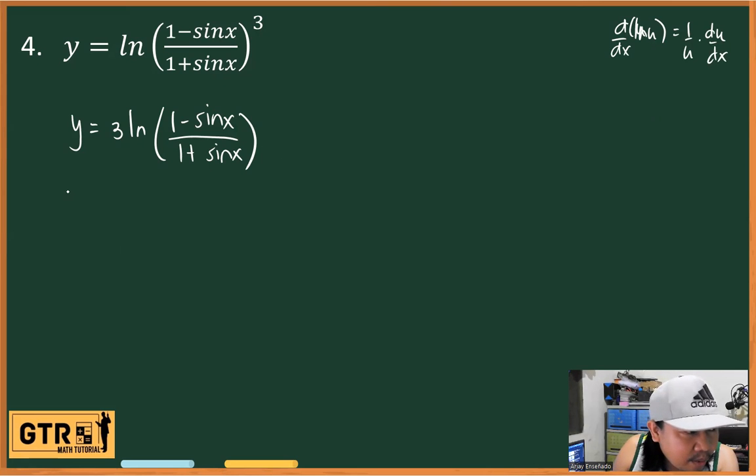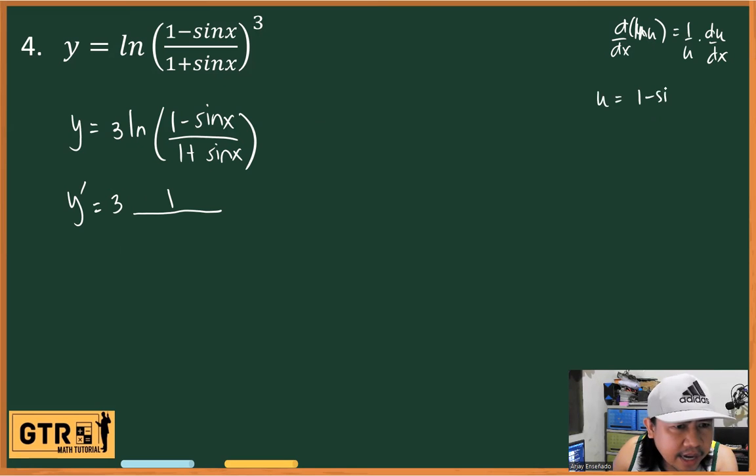So we have y prime is equal to, just copy the constant 3, then times 1 over u. Our u here is 1 minus sine x over 1 plus sine x.